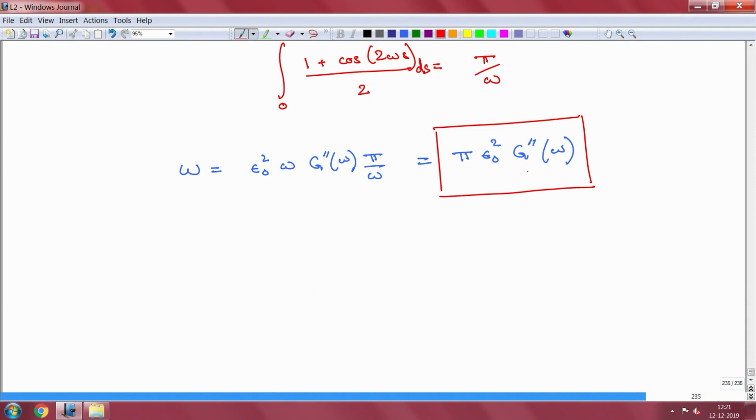Now, also notice that there is no explicit dependence on omega in here, but the dependence on omega is contained in the dependence of g double dash on omega. The other important thing is that in the very beginning, when we discussed sinusoidal oscillations and work done, we had said that the work done on a solid body is fully recoverable, right.